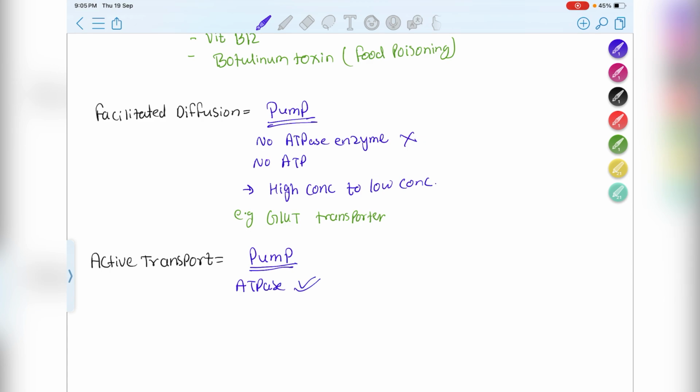Then requirement of ATP will be there. That means this transport requires energy. Here the drug will move against the concentration gradient.